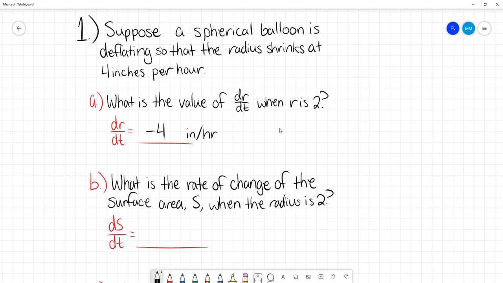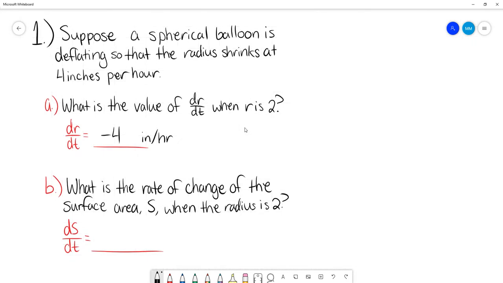The surface area, I'm just going to write that as S, like they called it, of a sphere is 4 times pi times the radius squared. So what we want to do here is figure out the derivative of the surface area with respect to t, because that is what the rate of change of the surface area will be.